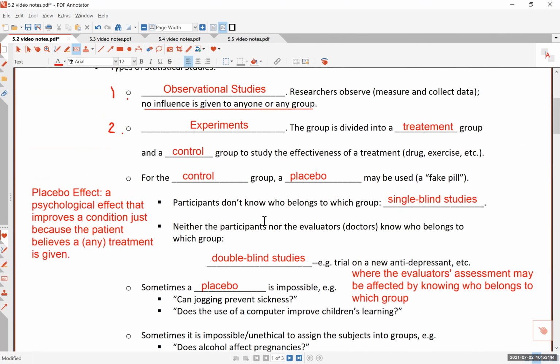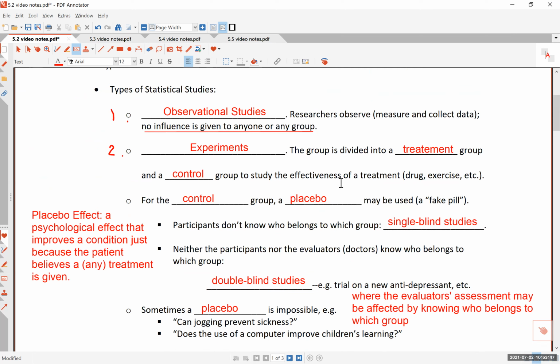So in that sense, because there are two groups and you are comparing, it is like an experiment, right? But the fact that you are not dividing them into a treatment group and control group, it is like observational because there's no influence given by the researchers, right? The researchers are not giving a treatment to anybody, but the people are choosing which group to join by themselves.